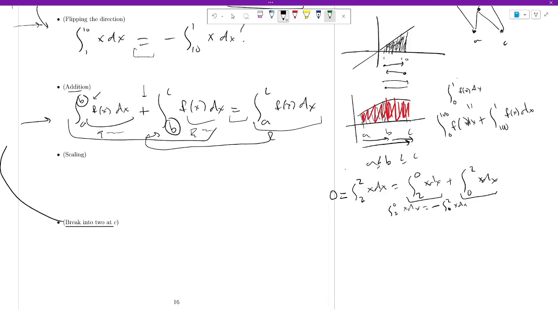But I actually meant for this break into 2 at C to refer to this rule here. So sorry about that, that's confusing. The addition will be something slightly different, which I'm going to bring down here. This is just the names, it's not that big of a deal.